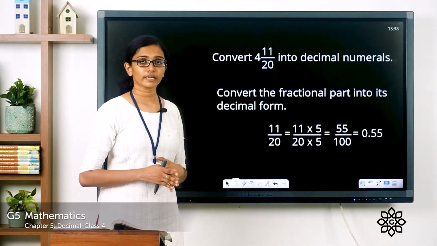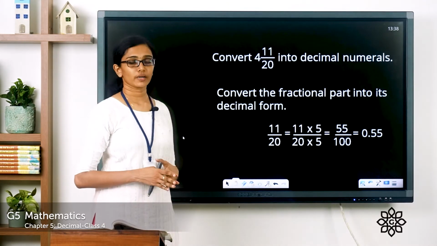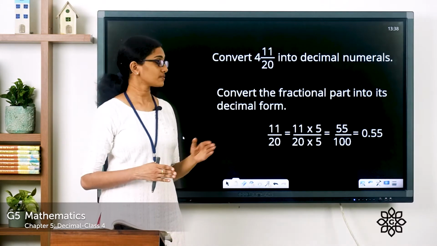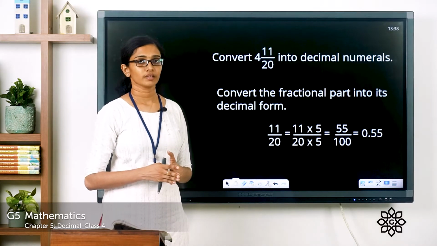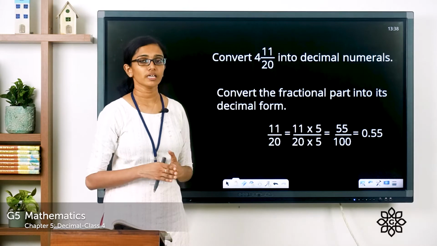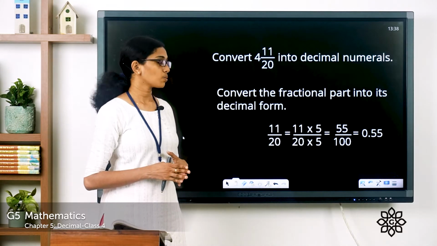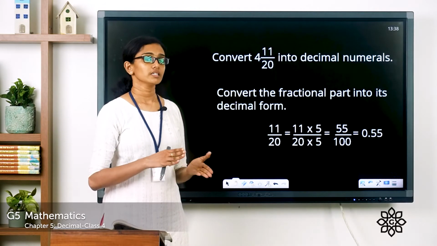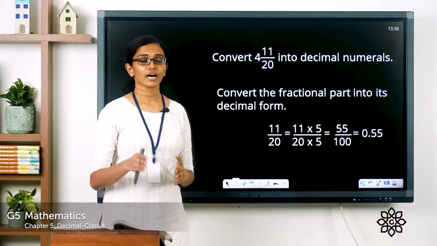What is the fractional part here? 11 by 20. And see the denominator 20. Let's first convert this 20 to a multiple of 10, like 10, 100, 1000 and so on. So what do we do to convert 20 to either 10, 100, 1000 or so on? We know 20 fives are 100.